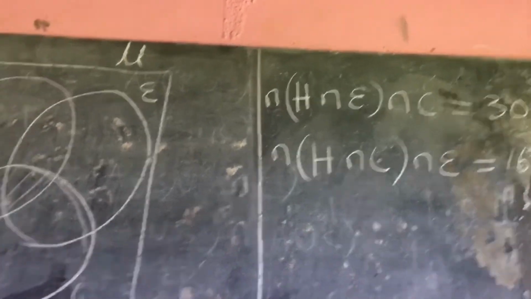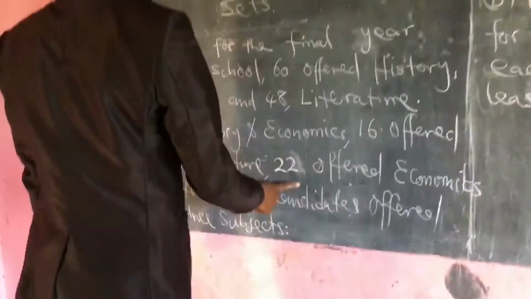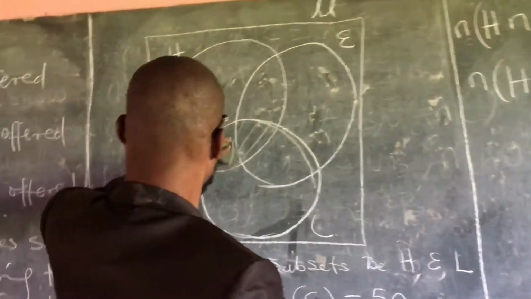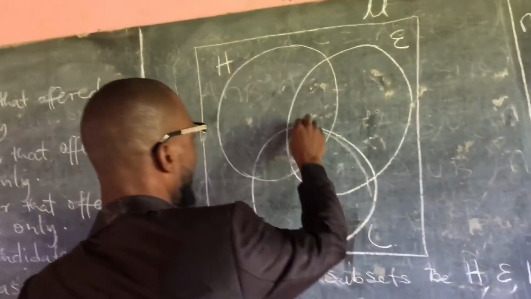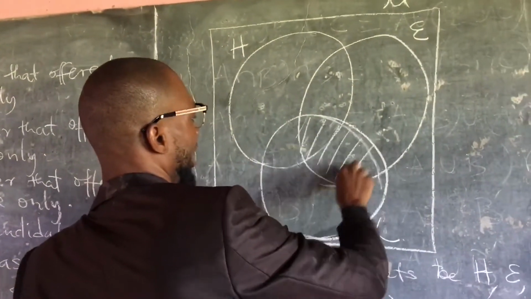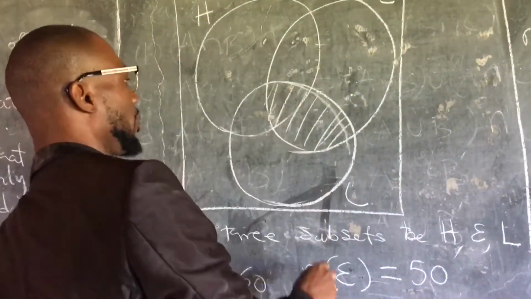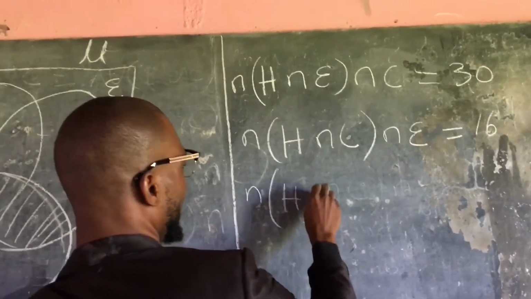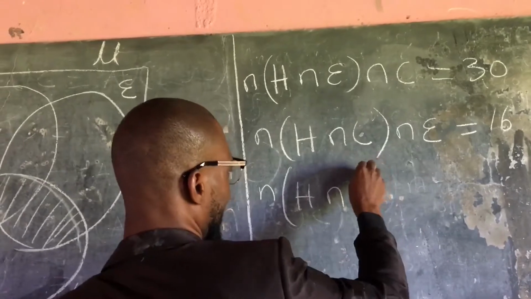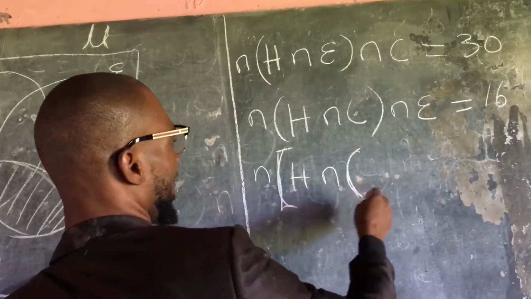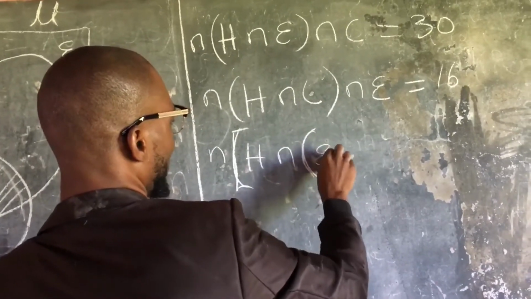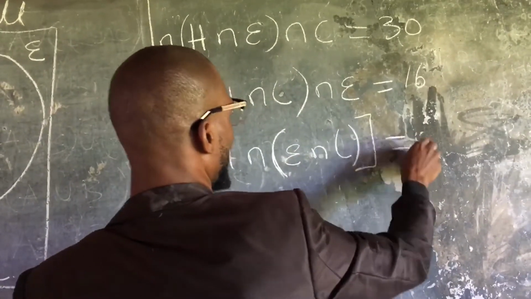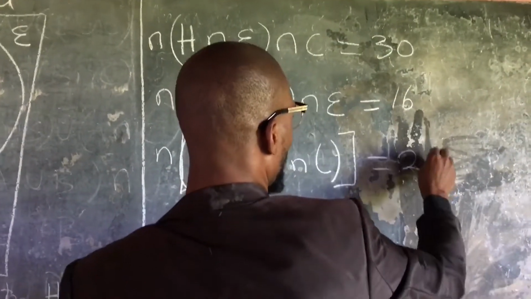And the next one tells us that 22 offered economics and literature. It means everything here is economics and literature, but it still intersects H. We make the bracket like this: economics intersects literature. So we give it 22.